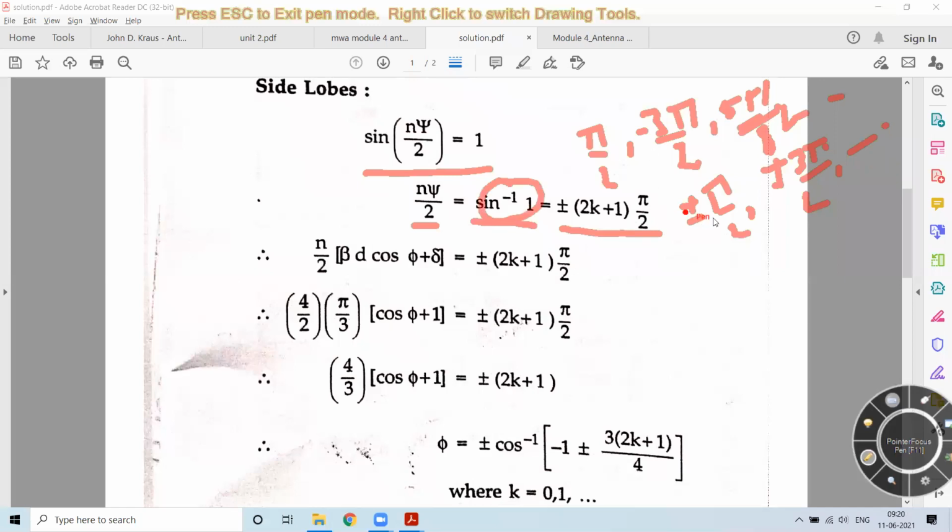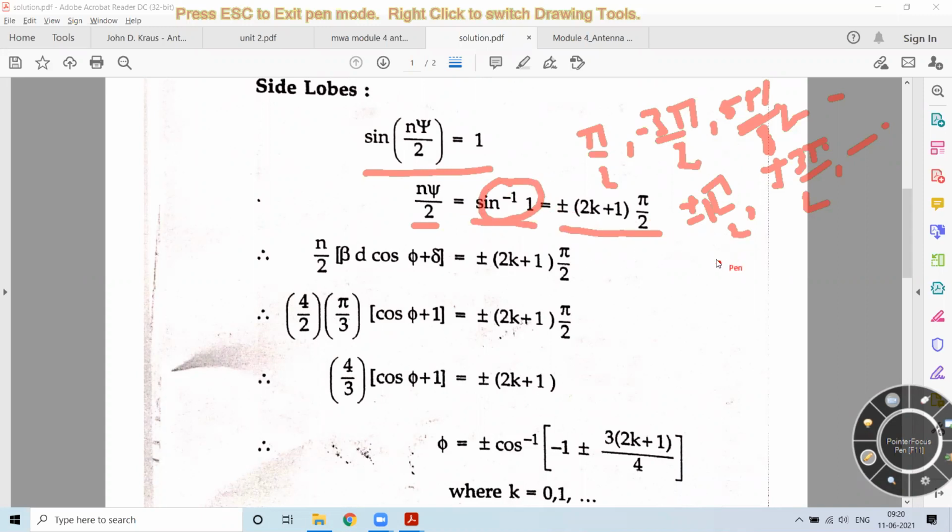Therefore, you can observe that for all the odd multiples of π/2, multiplication by 1, by 3, by 5 and so on, for all these possible values, the condition is satisfied.